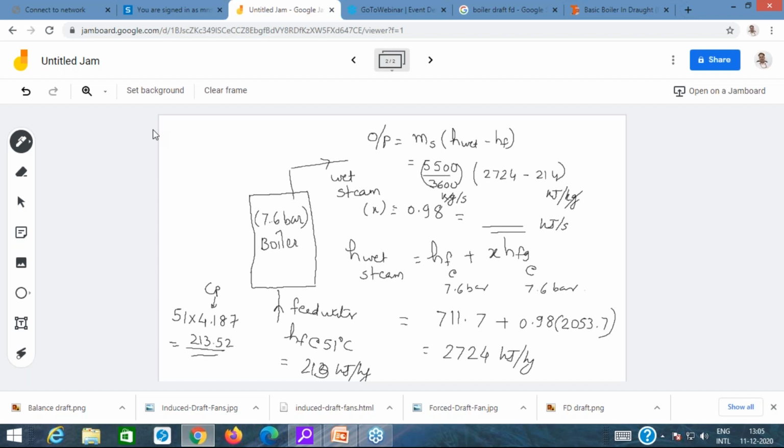So tell me the boiler output value, the thermal output of the boiler. So how much is that?